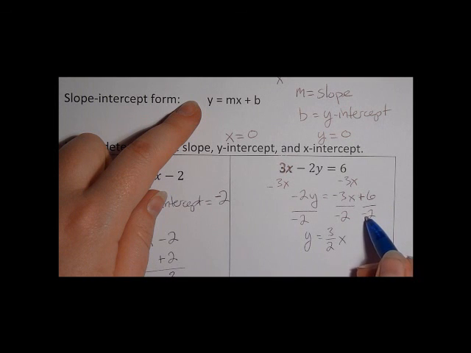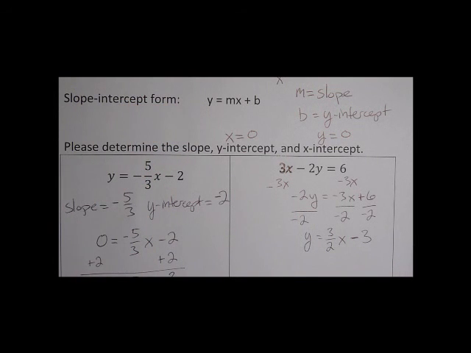A positive divided by a negative is a negative. 6 divided by 2 is 3. So I have a slope of 3/2 and a y-intercept of -3.